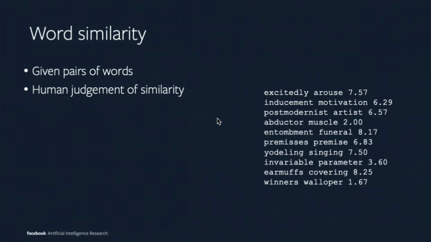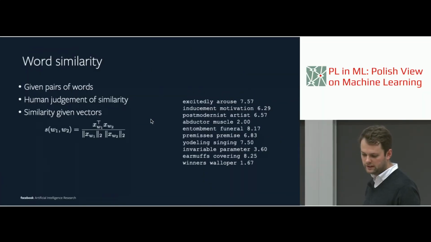On average, people said that yodeling and singing are related at 7.5 on a scale of 10. Inducement and motivation is 6.29. Premises and premise is 6.83. Winners and walloper is 1.67. So this is just a data set that people built that reflects the similarity between two words.